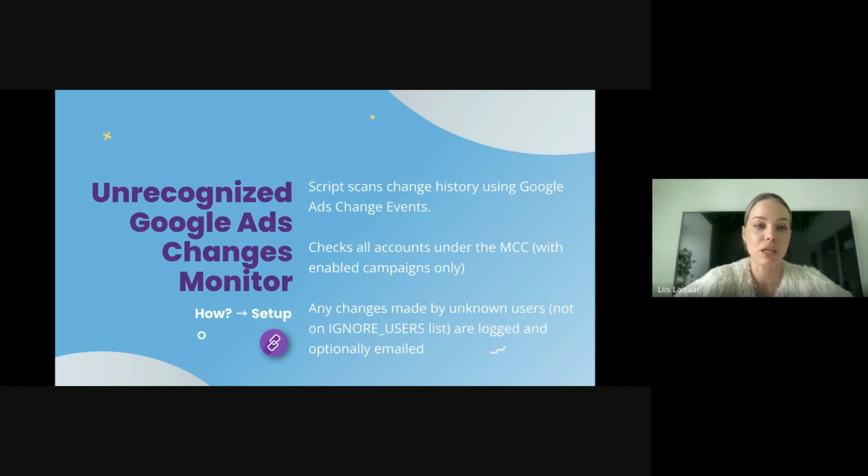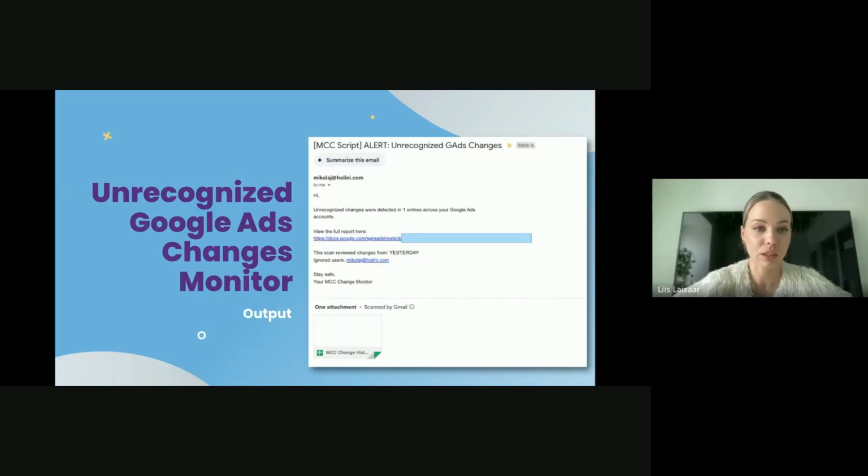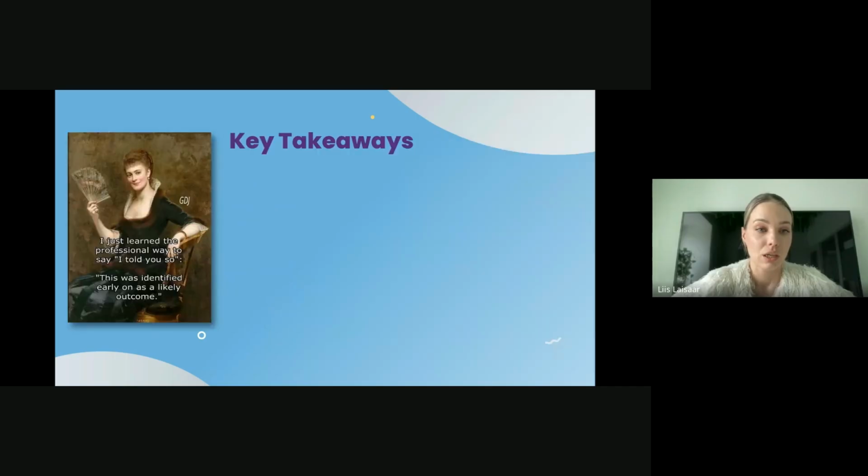Simple, easy peasy. Any changes made by unknown users, as mentioned, are logged, and you are optionally notified via email as well. Output example, again, is an email, and the report of the changes that were made and the users who made them will be put into a spreadsheet, so you can quickly get an overview directly from your inbox.